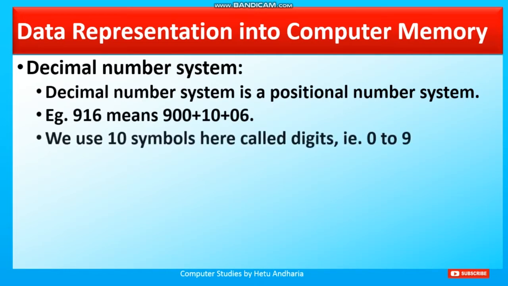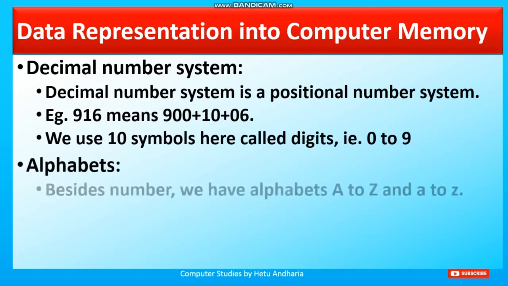For example, 916, then 9 means 900, 1 means 10 and 6 means 6. That is, it depends on the position of the number how much is its weightage. Now, here we have got 10 symbols which are called digits, that is 0 to 9.